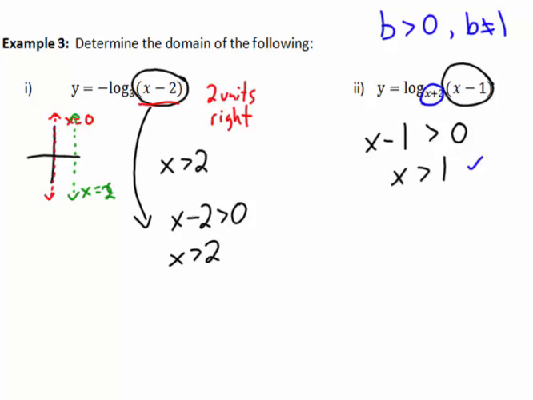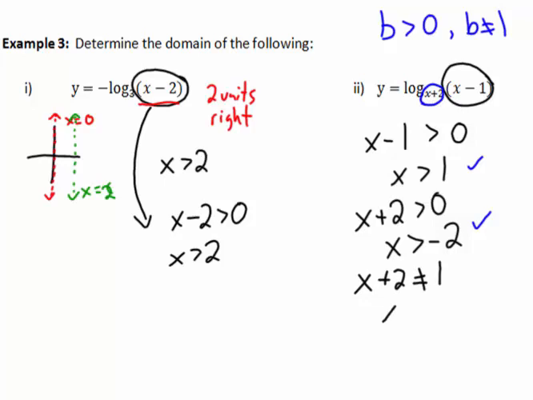We must now take our base and consider the restrictions on that x. x plus 2 must be greater than 0, which means x must be greater than negative 2. There's our second inequality. And we have one more criteria to measure, that x plus 2 can't equal 1, which means x cannot equal negative 1. And there's our 3 criteria.